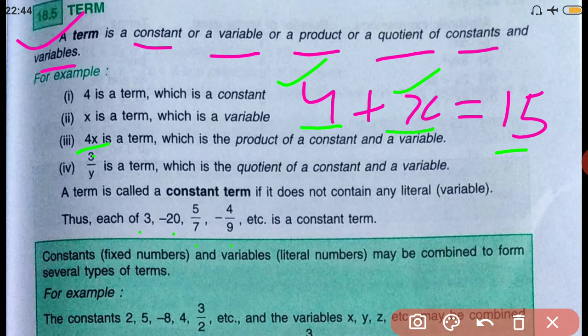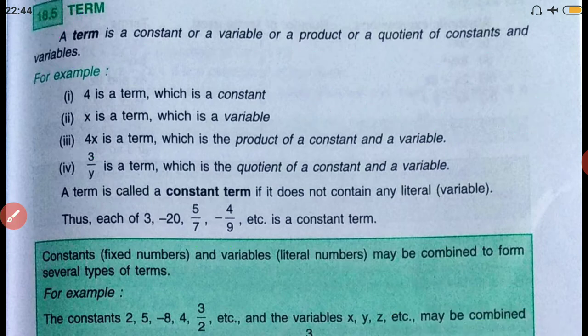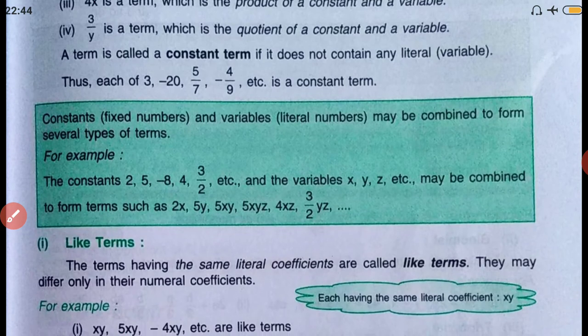I hope you understood what a term is. A collection of terms will create one algebraic format. Now going to the next portion: constants, which are fixed numbers, and variables, literal numbers like a, b, c, d, etc., may be combined to form several types of terms.